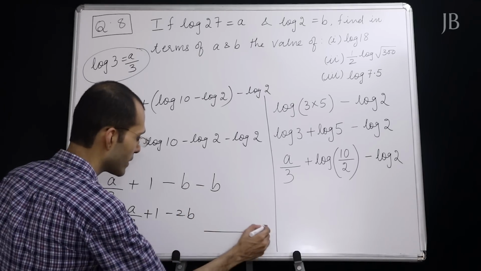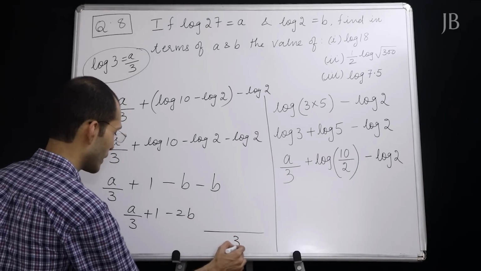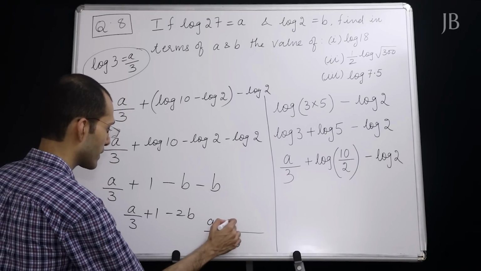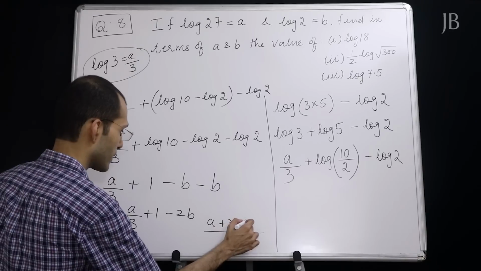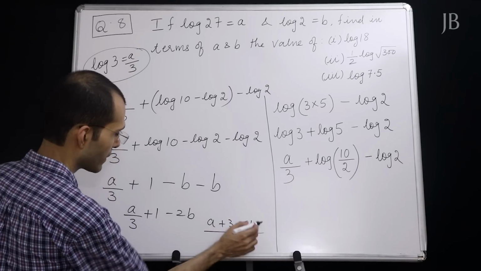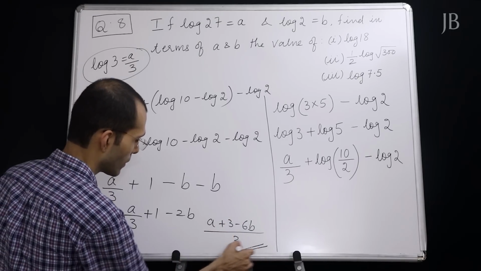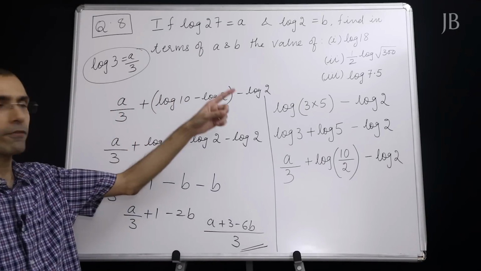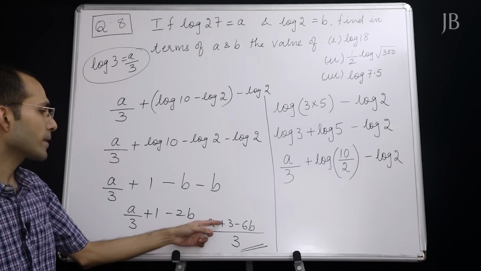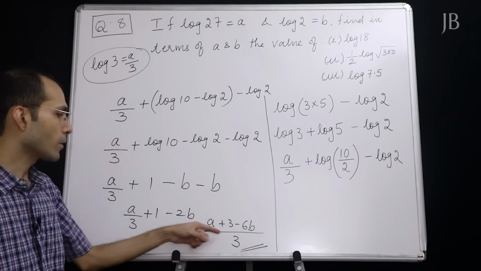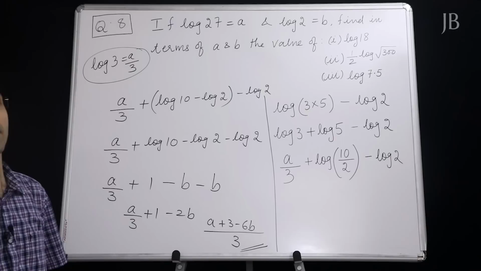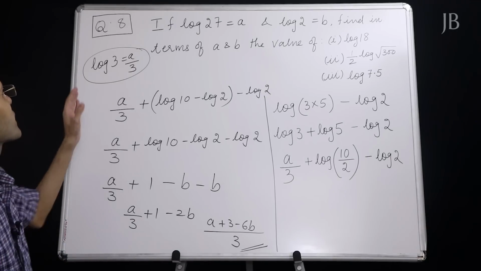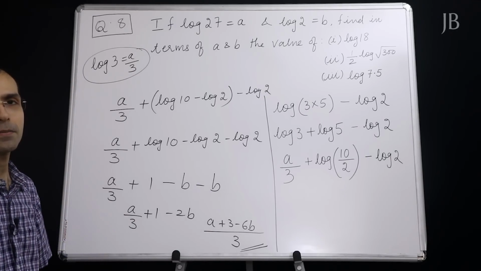We can take LCM. LCM will be 3. So we will get a plus 3 minus 6b. Can we simplify this further? No. This is our answer. So log of 7.5 is a plus 3 minus 6b the whole divided by 3. This completes your question 8.